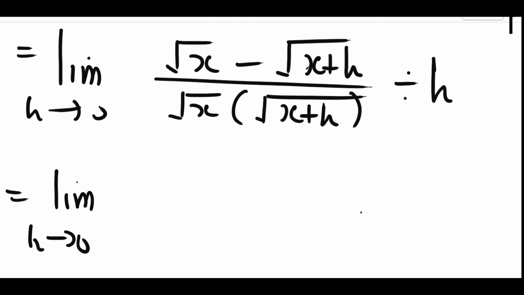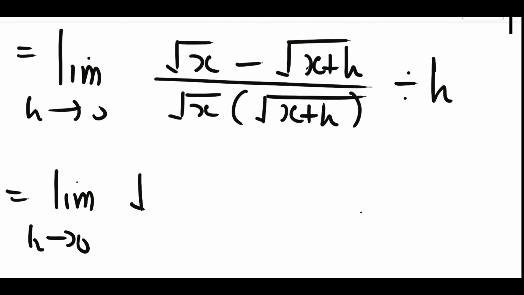The conjugate of the numerator will be the same thing, just that where we have the minus, it becomes a plus: square root of x plus square root of x plus h. We use it to multiply both the numerator and the denominator of the fraction.